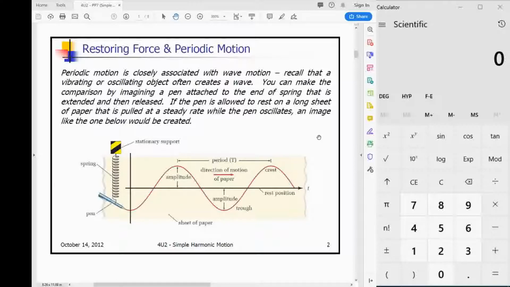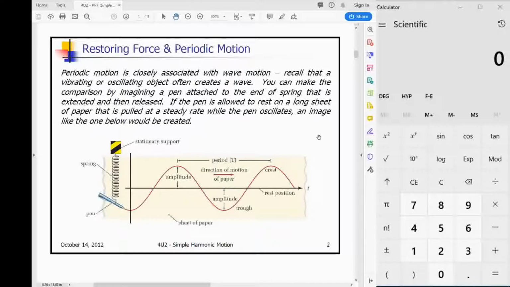As we go towards the right on this graph, we're going forward in time. So as time increases, the oscillation occurs, and we will not have an oscillation forever. Oscillation will eventually die down.